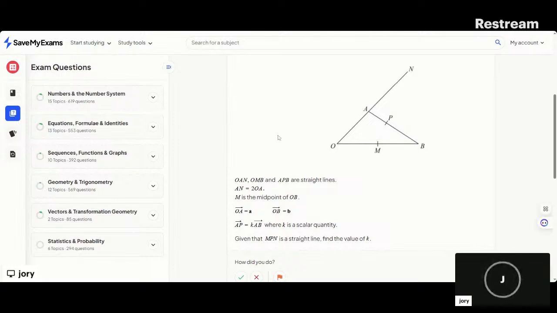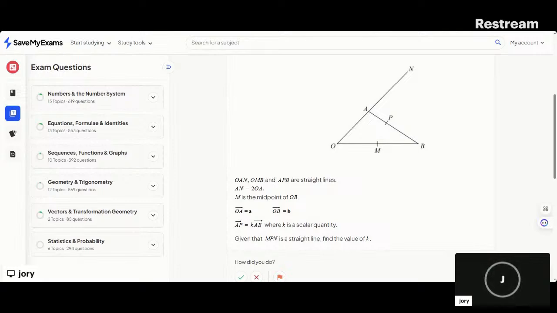Let's do NP equals AP plus or minus 2A. That's NP equals BK minus AK minus 2A.